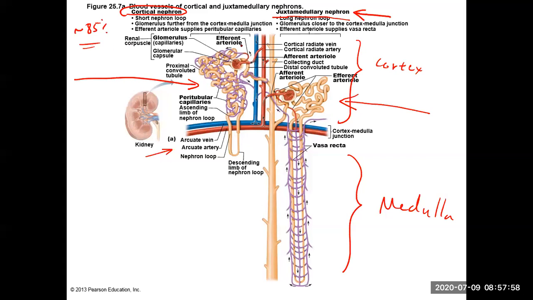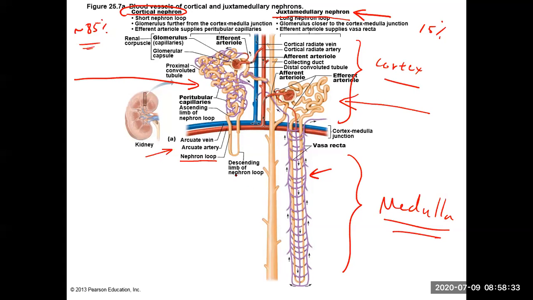So we're going to put our concentration here, and about 15% are juxtamedullary nephrons. In the juxtamedullary nephron, the loop of Henle is much deeper and goes into the medulla, versus the cortical nephron's loop of Henle or nephron loop, which is shorter. It doesn't extend that much into the medulla. The majority of the parts happen to be in the cortex area, as you can see.